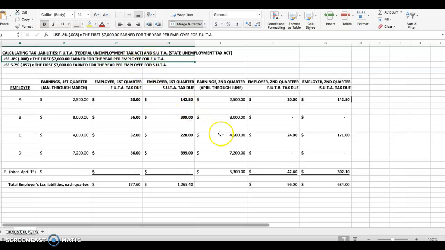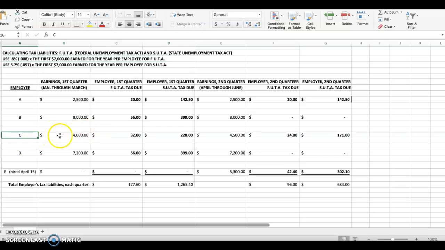So the key in this particular problem probably would be employee C with the 4,000 earned in the first quarter, 4,500 the second quarter. So if you need to, again, rewind, go back, watch this video again, because you need to get this straight, because we'll have several problems dealing with this.